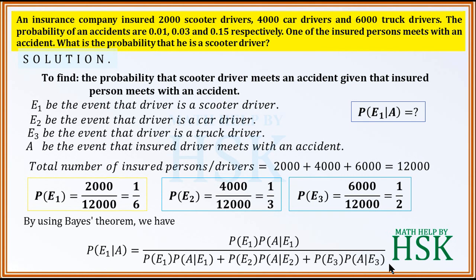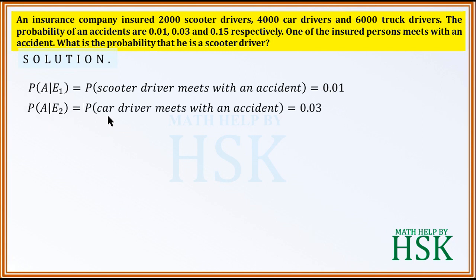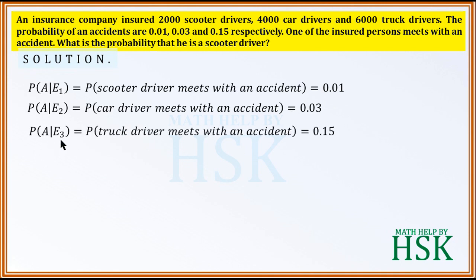So P(A given E1) is the same as the probability of the scooter driver meeting with an accident, which is 0.01. P(A given E2) is the probability that a car driver meets an accident, which is 0.03, and P(A given E3) is the probability that the truck driver meets an accident, which is 0.15, because the respective probabilities are given to us.